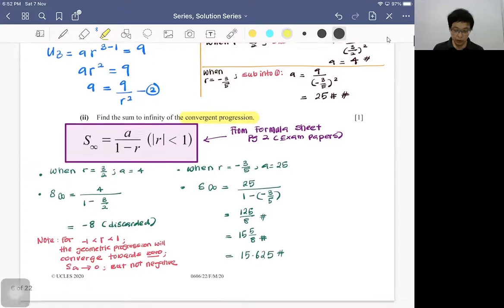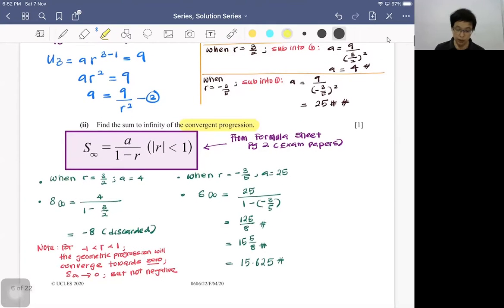we know that as a convergent progression, the sum to infinity, as I put down here, can draw as close as it is towards 0, and we carefully note that it is impossible to be a negative value.